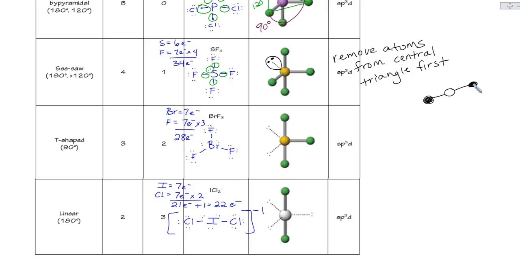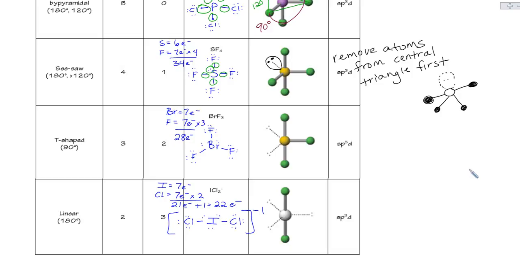I should really say like 120 degrees. And then the other ones kind of form like the base of the seesaw. And then this would be like the ghost lone pair. Does that look like a seesaw? You remember ever being on a seesaw?